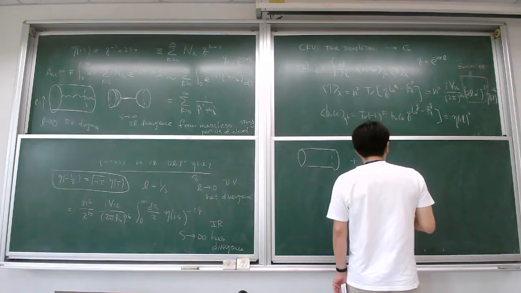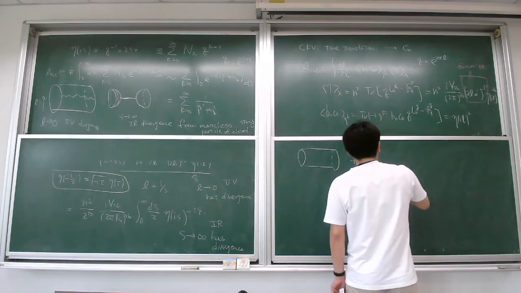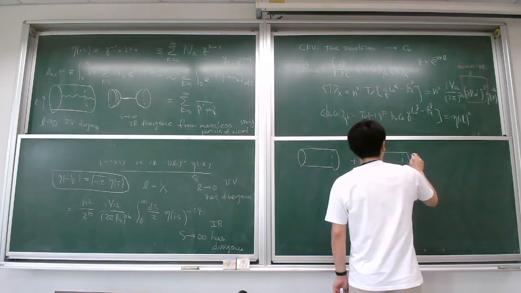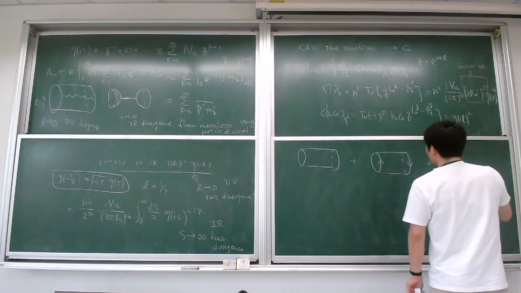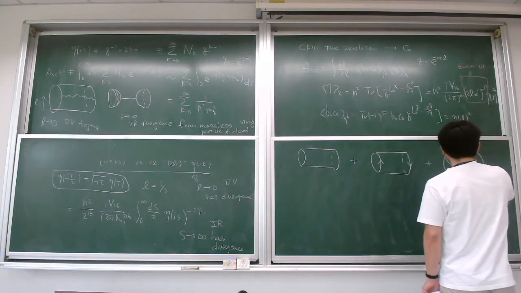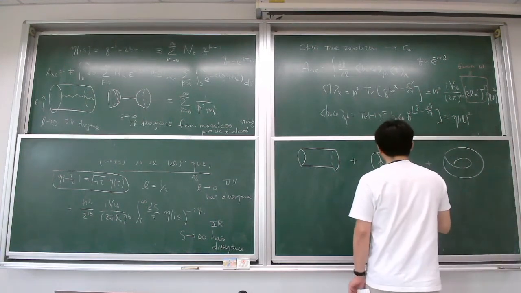So first we will consider the Klein bottle, plus the Möbius strip. So this is the Klein bottle.